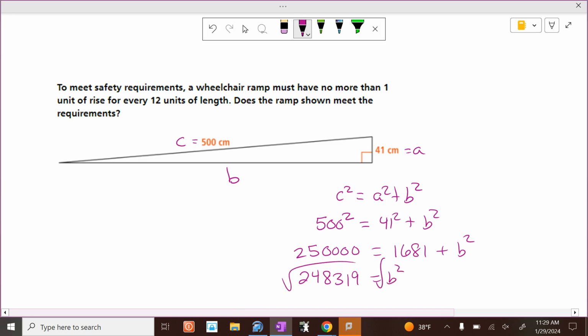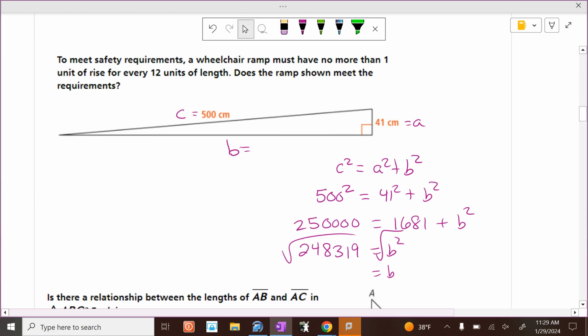Take the square root of that. It's going to be 400 and something. I would guess 490 something. 498.